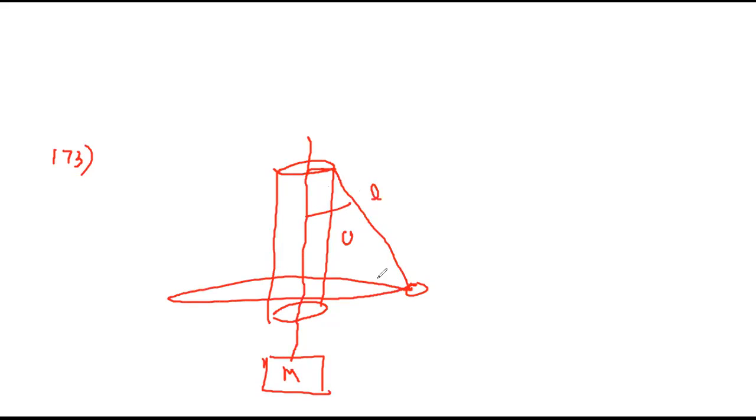The length of the string from mass m to the top is L. Theta is the angle the string makes with the vertical. What is the necessary frequency nu of the rotation of the mass so that mass M remains stationary?